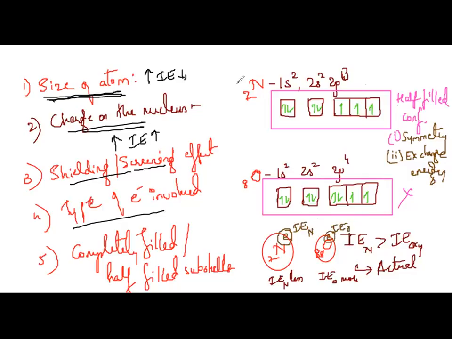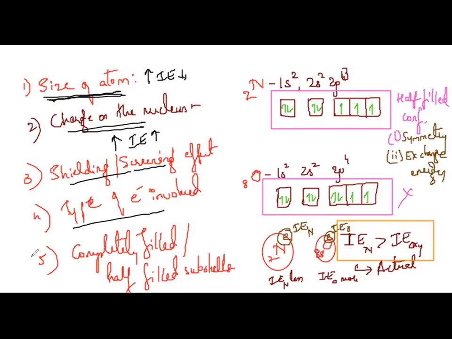Therefore, we say the ionization energy of nitrogen is much more than the ionization energy of oxygen, though the atomic size of nitrogen is more than the atomic size of oxygen. Understood?